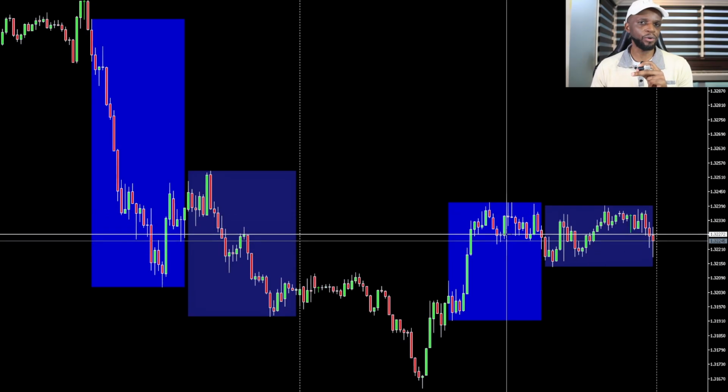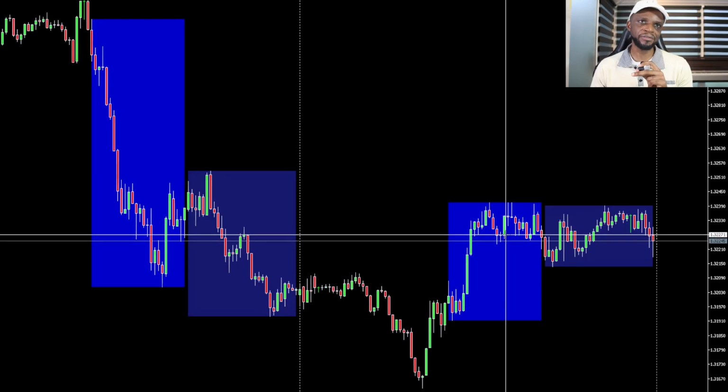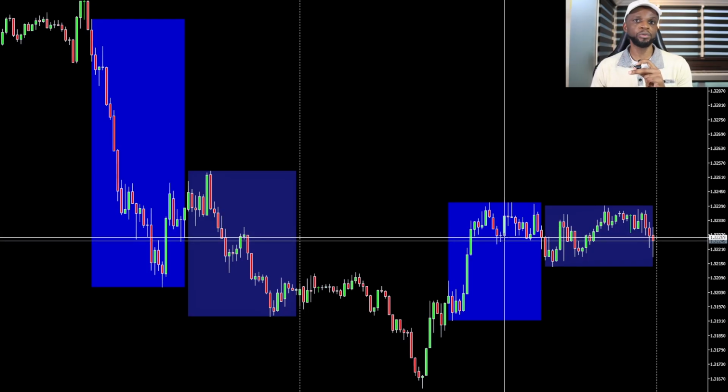Of course, this doesn't happen all the time, which is why I always talk about backtesting and testing out different ideas to find out which ones are the most probable, which ones are the most likely to happen.